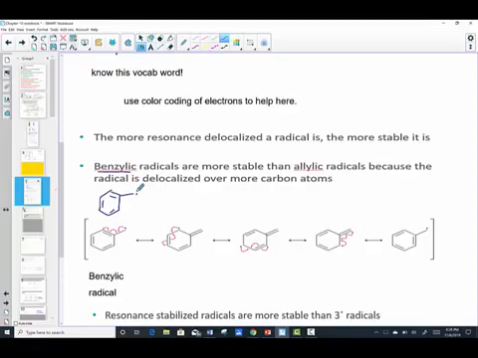Now remember, allylic means that this lone electron right here is next to a pi bond, which is right here. Let's color code these electrons just so we can see. We'll make that one green and the two that are in the pi bond red. So the first fishhook moves this lone electron, one arrow there, to begin the next bond.